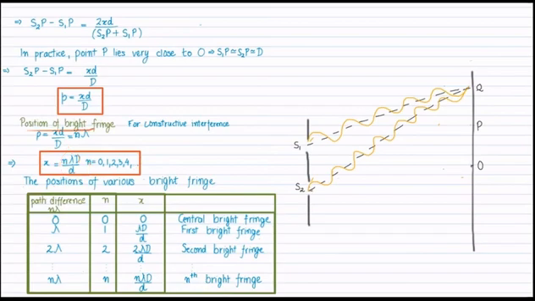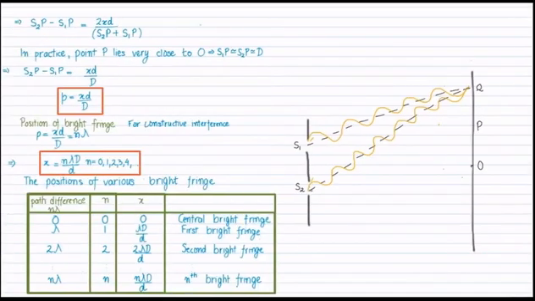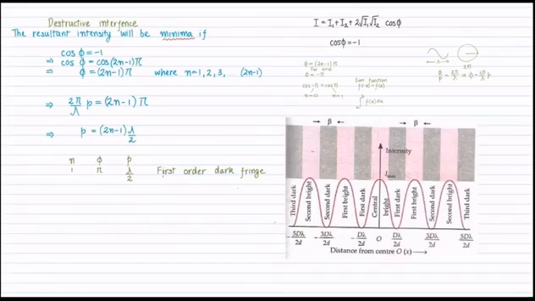Similarly, for the dark fringes, you can use this relation, (2n minus 1) lambda D by 2d. Fine.